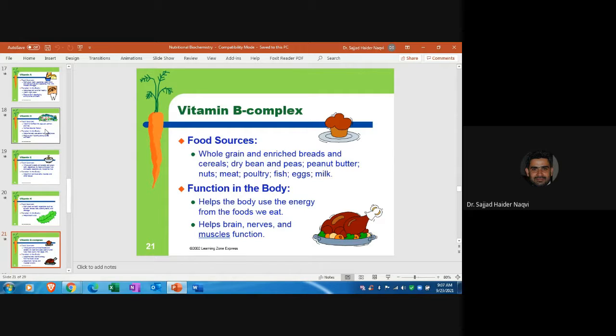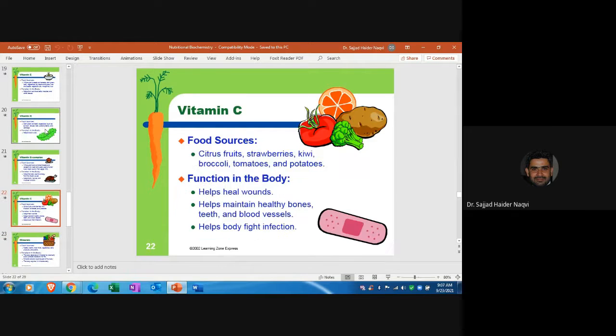This is the group of vitamins I mentioned earlier that are required for the complete metabolism of getting energy out of carbs, proteins, and fats. Most of the time they are cofactors required by the enzymes to produce that energy from the energy molecules. They help brain, nerve, and muscle functions as well.